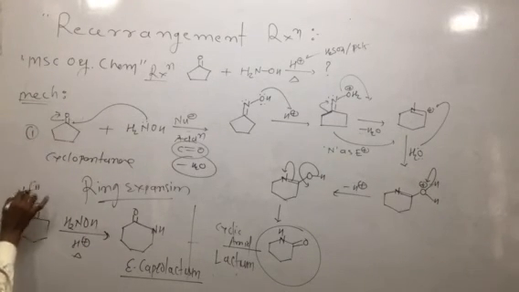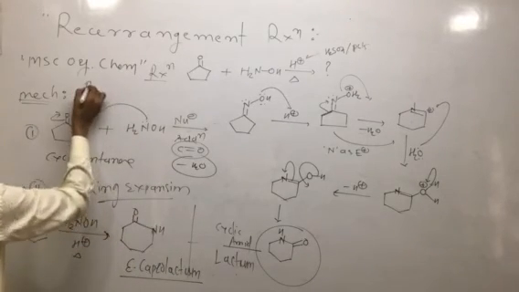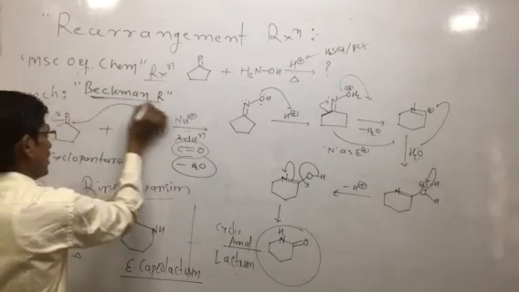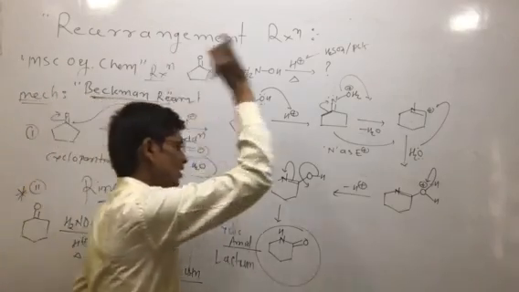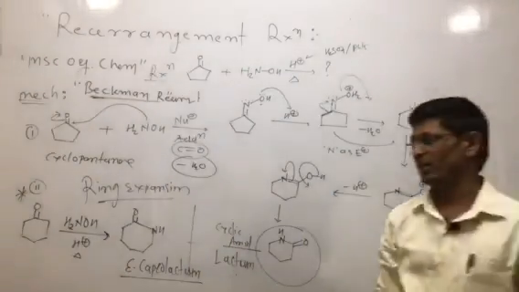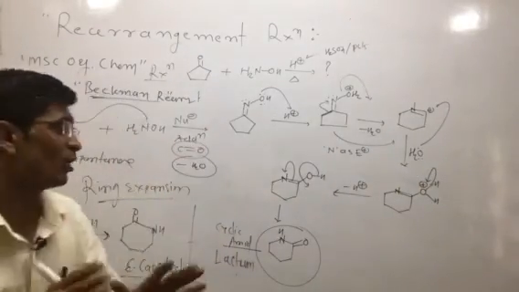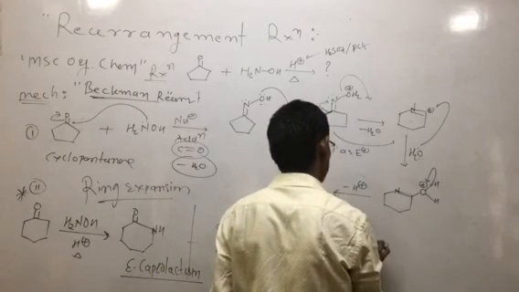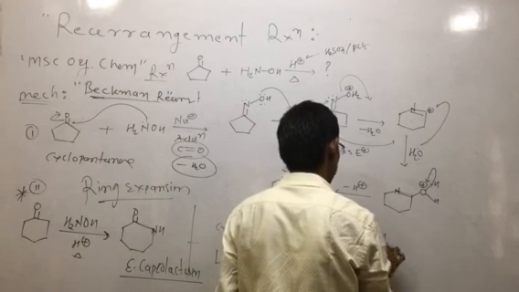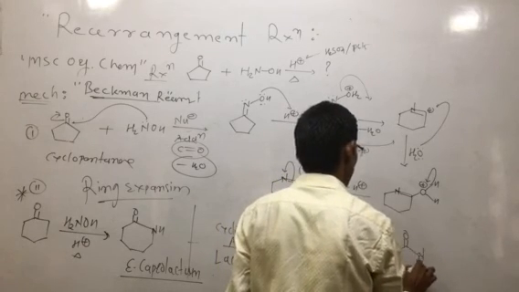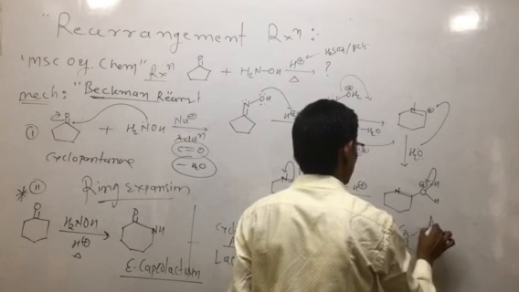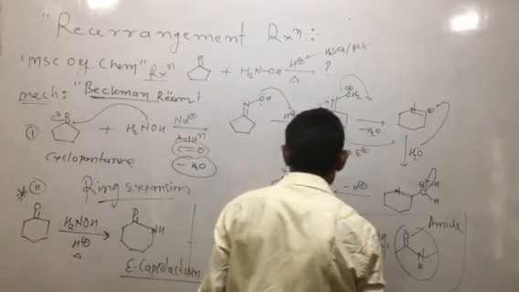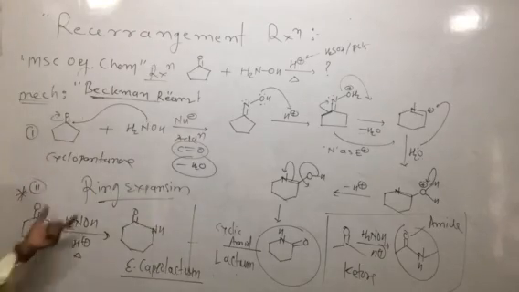So this is the first reaction, the second reaction. This type of reaction is called the Beckmann rearrangement, forming a lactam. If the starting reactant molecule is acetone or a ketone, in presence of H2NOH, hydroxylamine hydrochloride, we get a compound with C=O, NH and CH3, an amide. So ketone gives amide, and cyclopentanone and cyclohexanone give lactam.